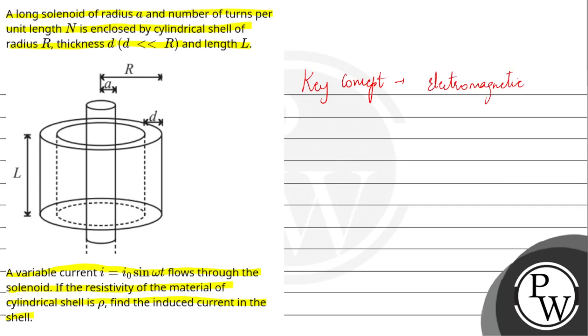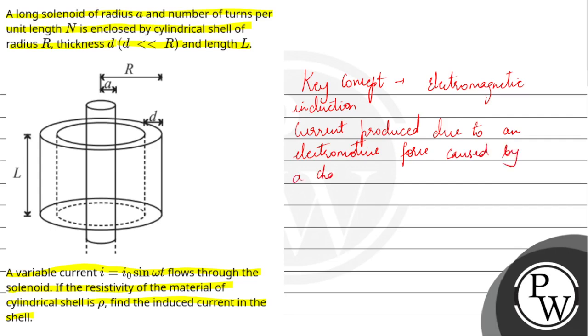The current produced due to an electromotive force caused by a changing magnetic field. तो जब भी ऐसी सिचुएशन होती है, the electromotive force will produce a current which will oppose the cause for its induction. तो इस phenomena को electromagnetic induction कहते हैं.